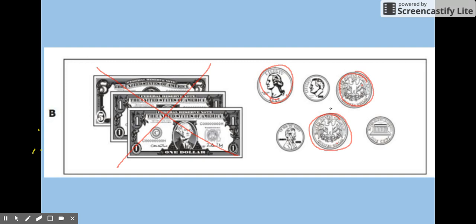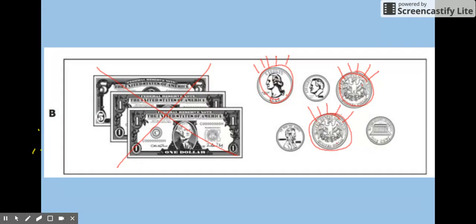I could count by fives, or I've memorized that 3 quarters equals 75 cents. 5, 10, 15, 20, 25, 30, 35, 40, 45, 50, 55, 60, 65, 70, 75. I have 75 cents alone right there.